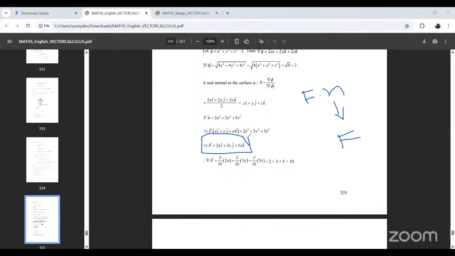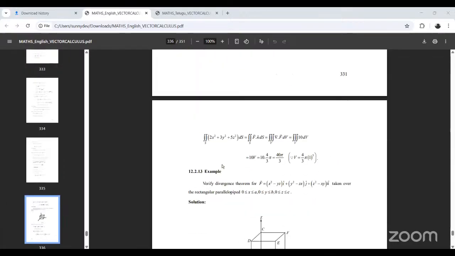Now the divergence of f becomes ∂/∂x of 2x, ∂/∂y of 3y, and ∂/∂z of 5z. So that becomes 2 plus 3 plus 5, which equals 10. So this is div f. So the integral of f dot n into ds equals the integral of 10 into dv, where v means the volume.